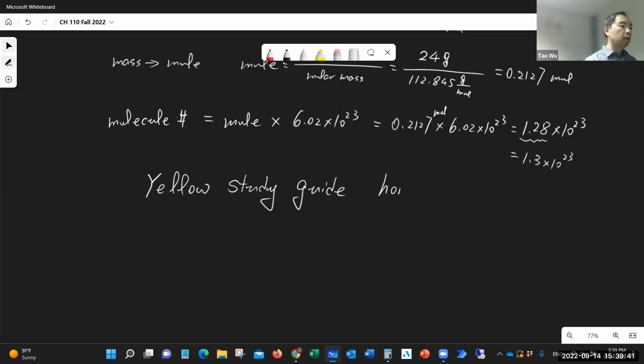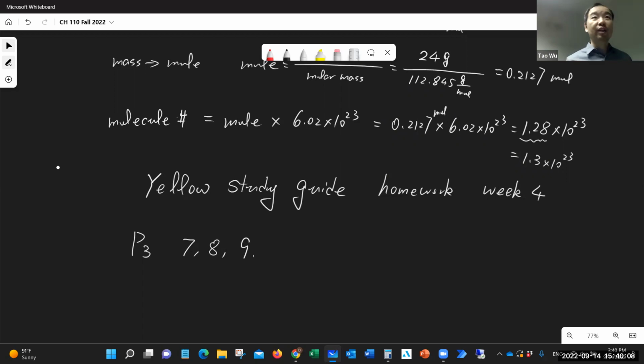As for homework for week 4: page 3, 7, 8, 9. They all have the answers, but don't just give me the answer. That would be meaningless for this homework.